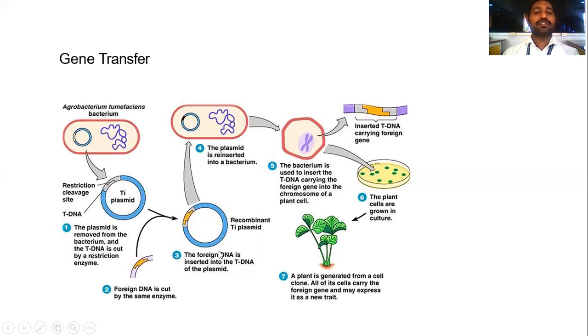Once we introduce our gene, it will be transformed into the host cells, that is the bacterium cells, and which will get replicated again and again. It will start to produce, and we can see the results in our cells, and from the cells we can grow the entire plant.